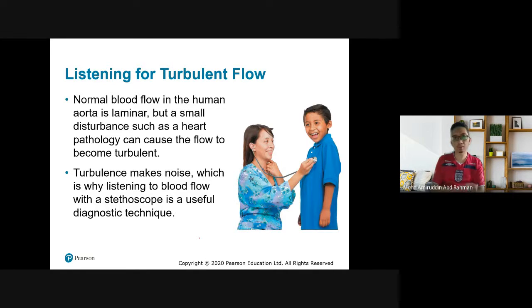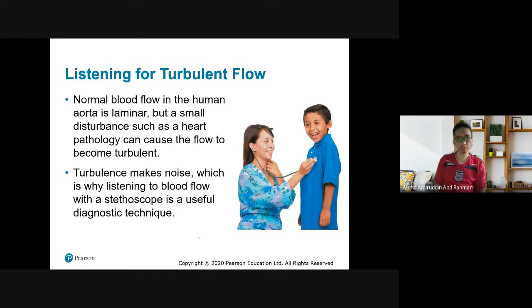then our heart rate will increase, right? Because we need to pump more blood to reach all areas of the body. So the flow at that time will become turbulent. That's why the doctor uses the stethoscope to hear the noise.